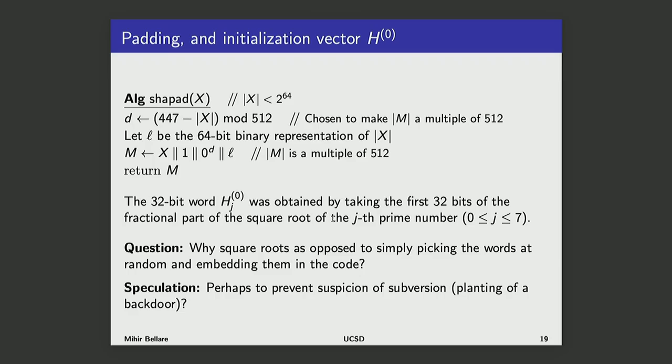And then the government was able to break the standard, but other people weren't. And people have become worried about stuff like that. And in order to show that nothing like that was happening, they said, you can check that these constants were done in this way, and hence there are not any backdoors. But actually, I'm not sure that they officially claim that that's why they did it, but this is what people speculate.